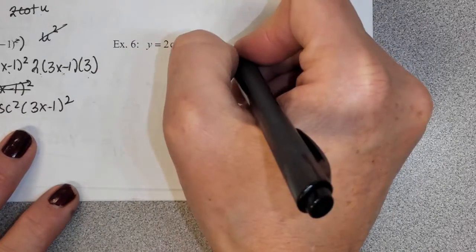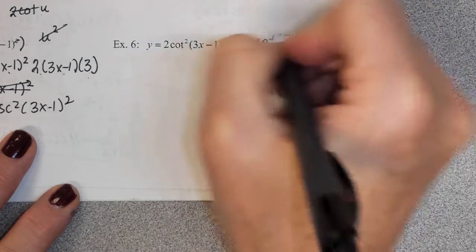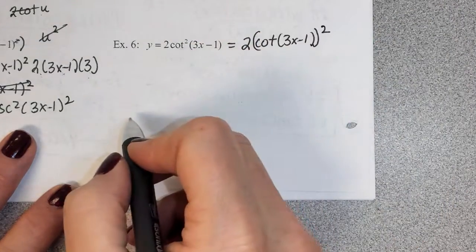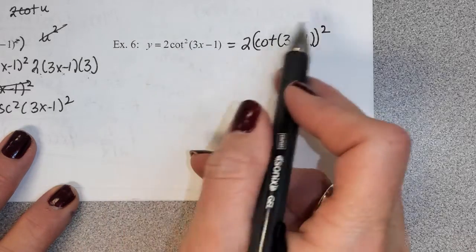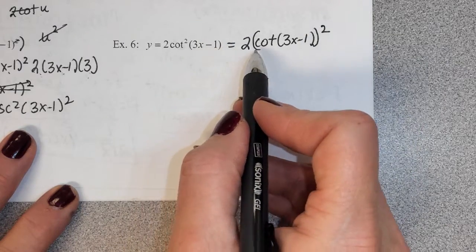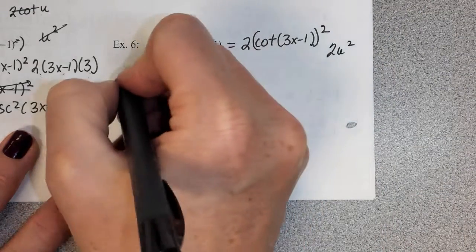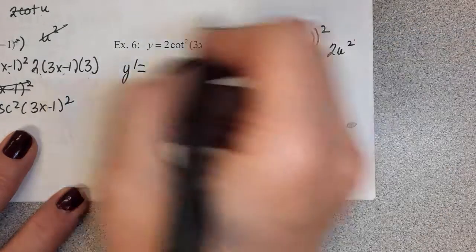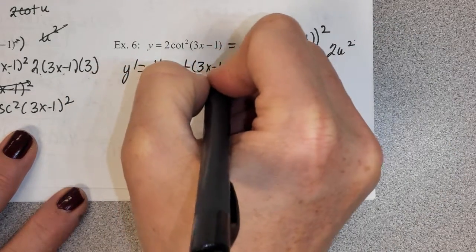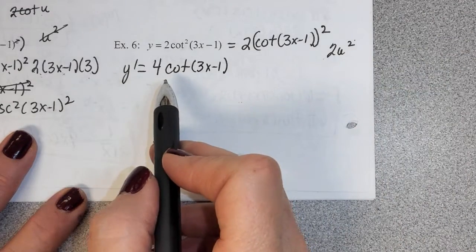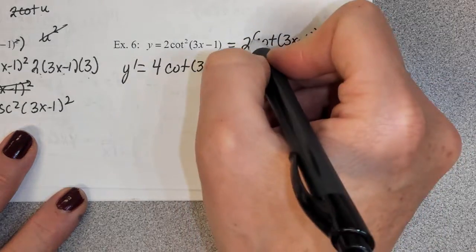Okay, the last one. Rewrite it. That would be my rewrite. I got to take the cotangent, I got to square it, multiply it by 2. Outermost parentheses, that's my u, so it's 2u squared. So that derivative, 2 times 2 is 4, don't change the u, to the first. So we just did the derivative of 2u squared, so we're done with the 2's.